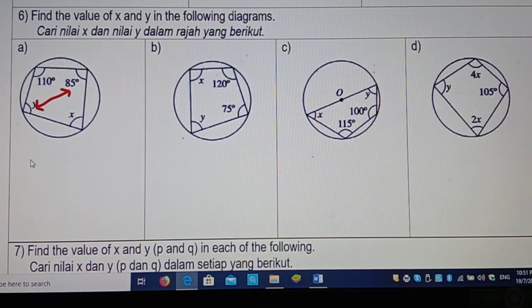So what is y from here? 180 minus 85, so you get 95. And to find x, same thing. The total of x and 110 equals 180. Thus x equals 70. You can try more of these questions.